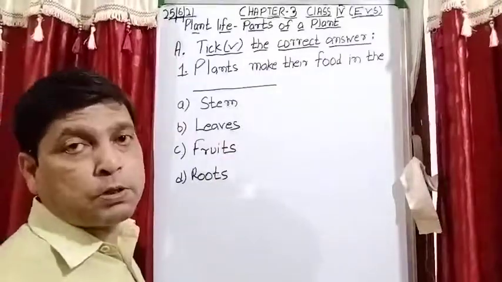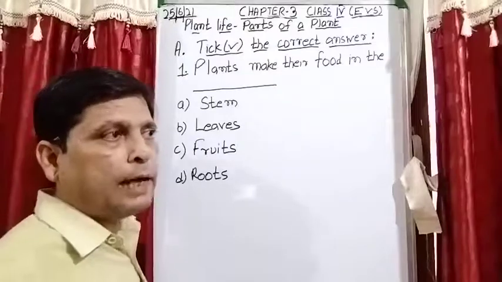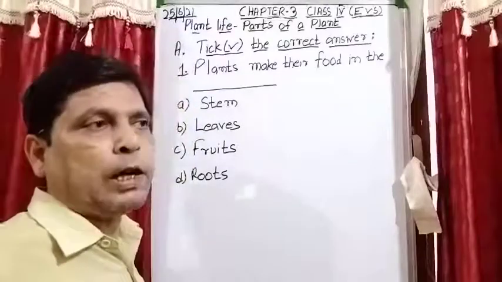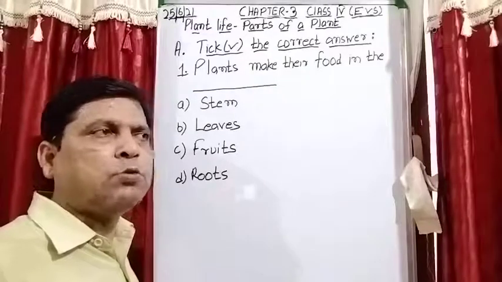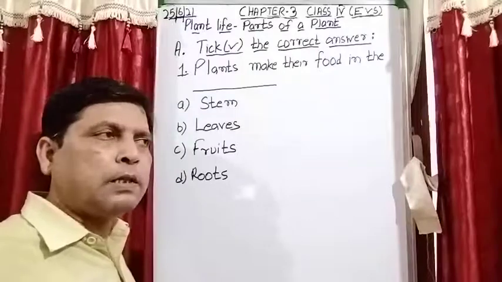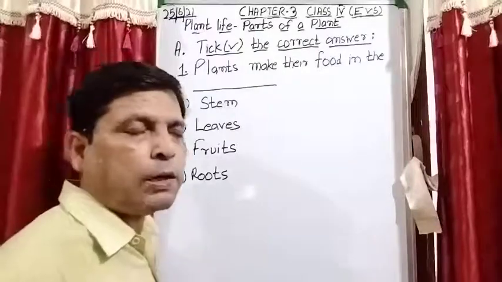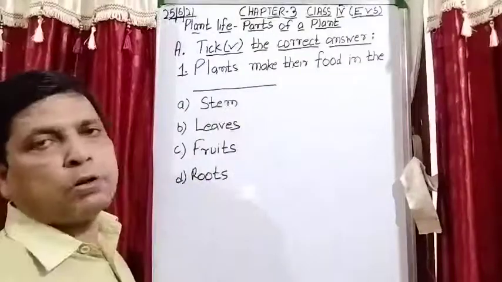No, stem is not the right answer, because roots absorb water and minerals and pass them to the stem, and then the stem passes the water and minerals to all parts of the plant. So stem is not the right answer.